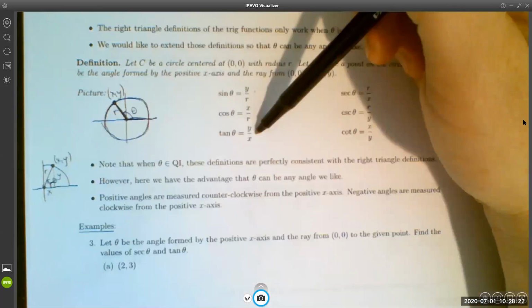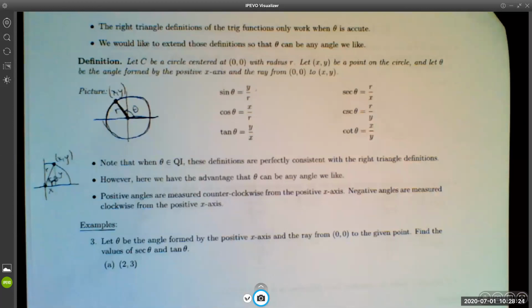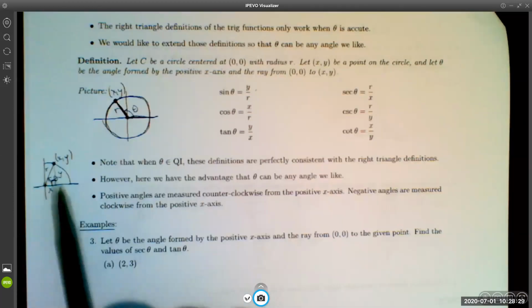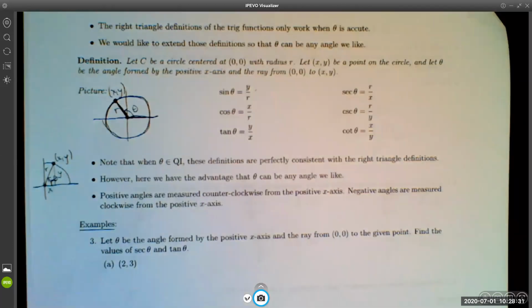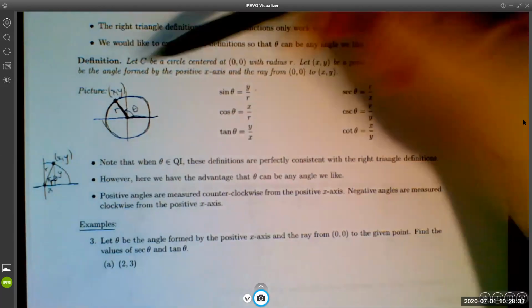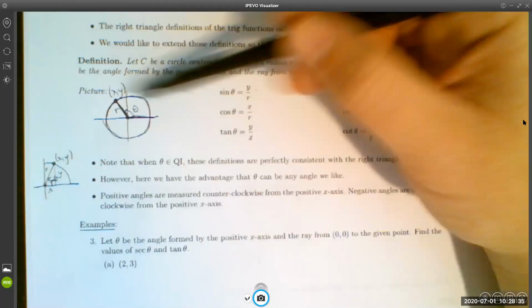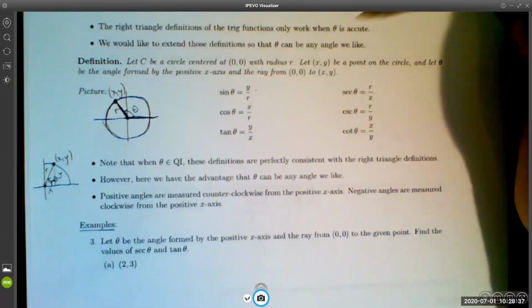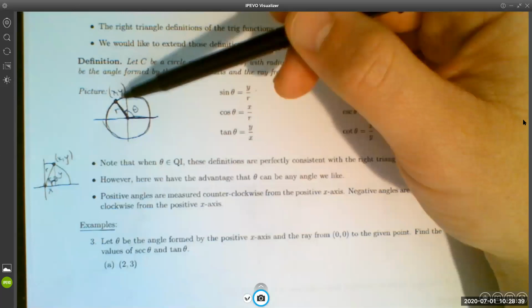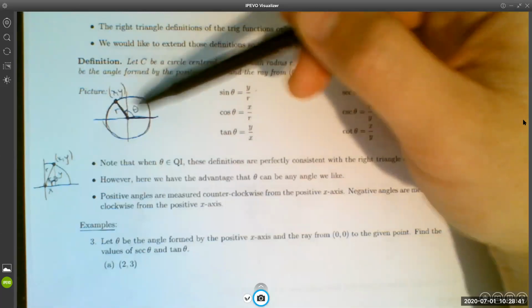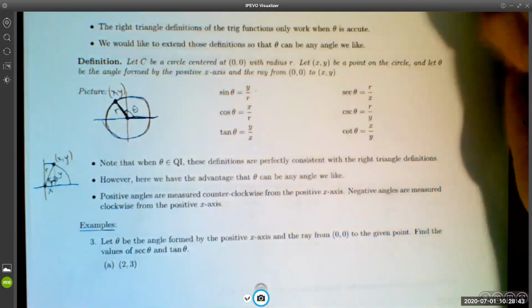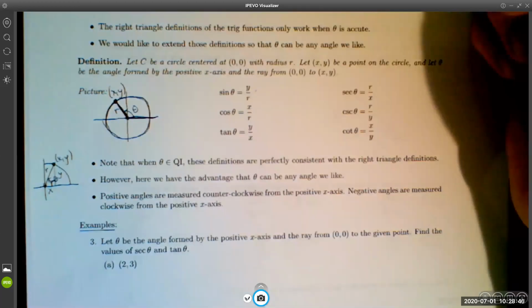So when theta is in quadrant 1, these definitions coincide exactly with the SOHCAHTOA that we talked about on the previous page. But what's nice about thinking about these trig functions as circular functions is that they allow us to define these trig functions for any angle theta, not just acute angles, but any angle.